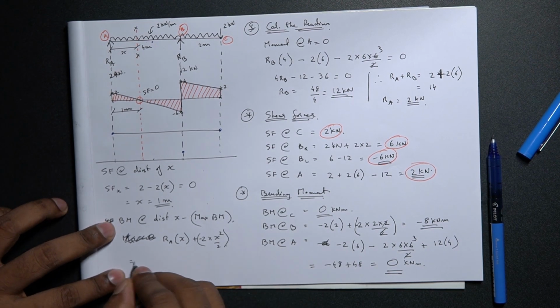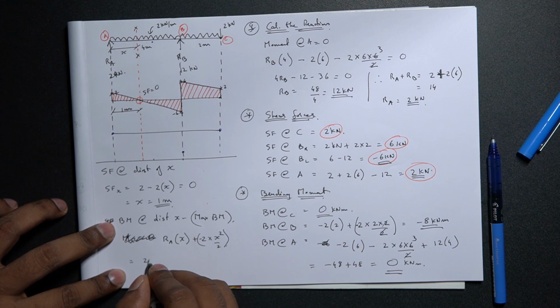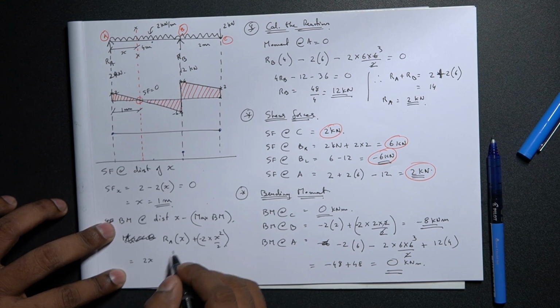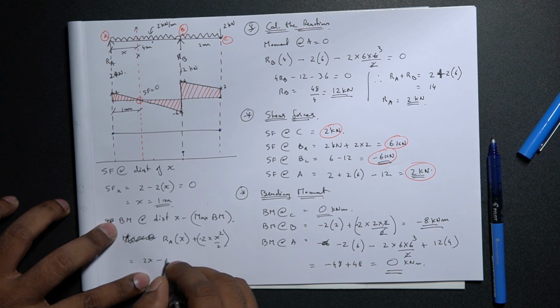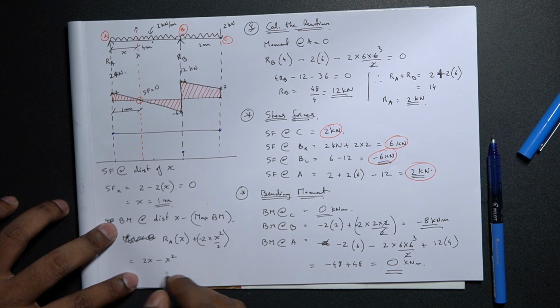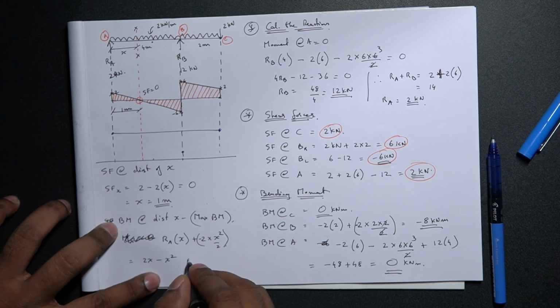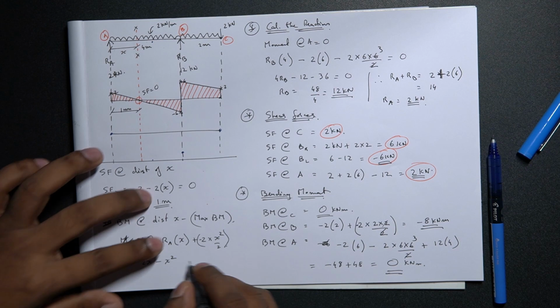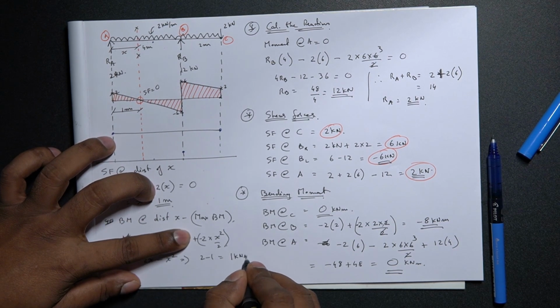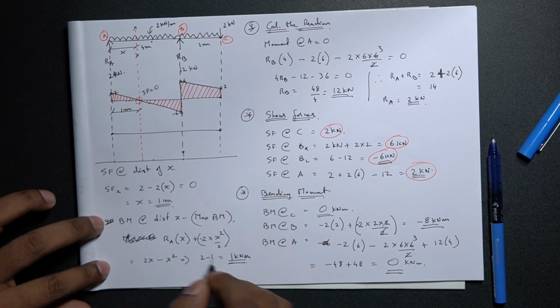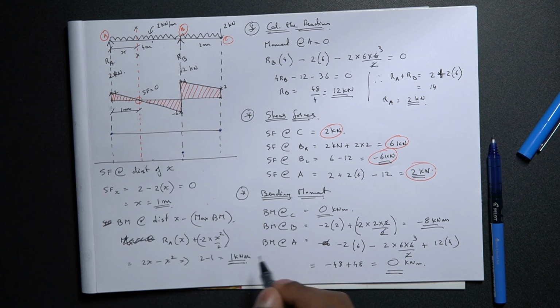So this can be written as RA is 2 into x, that is 2x, minus x squared. Since x is equal to 1, this will be equal to 2 minus 1, which is equal to 1 kilonewton meter. So the bending moment at that particular point is 1 kilonewton meter.